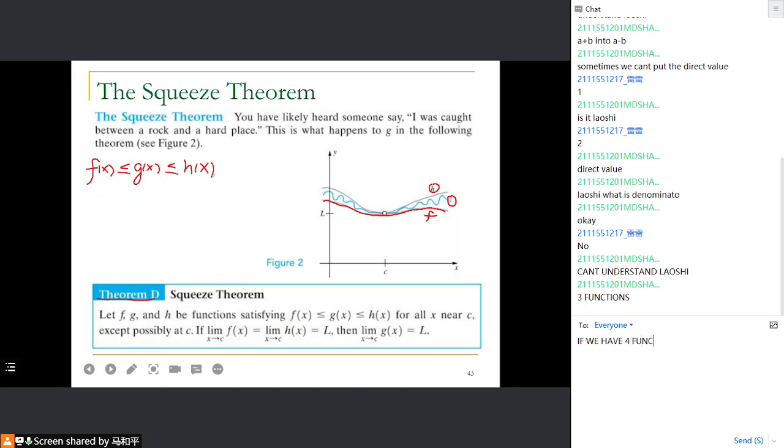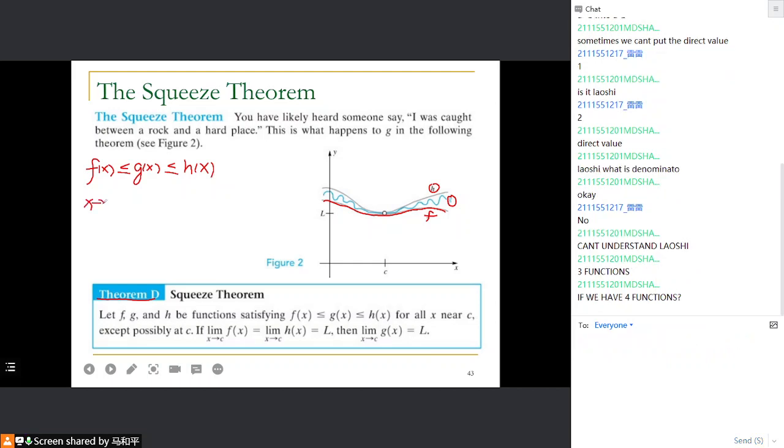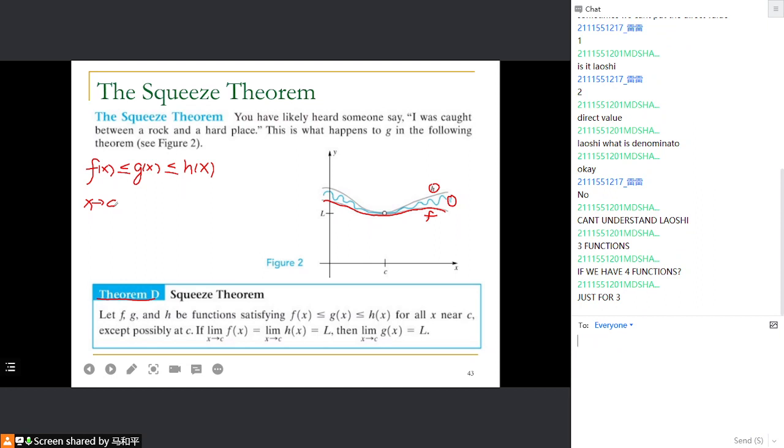G is between them, for x near c, except possibly at c. Not four functions, just three functions.